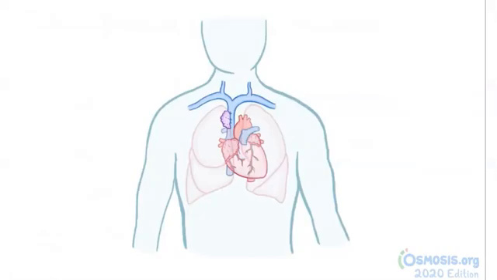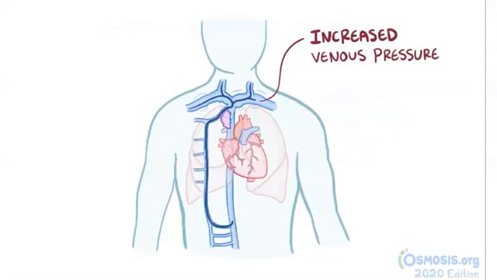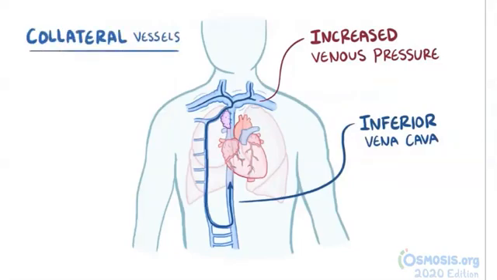Regardless of the cause, when the superior vena cava gets obstructed, behind that obstruction you'll get an increase in venous pressure. When this happens, blood starts to get rerouted through different blood vessels, essentially draining into the inferior vena cava, which also drains into the right atrium. These vessels are now called collateral blood vessels, and are essentially alternate routes.